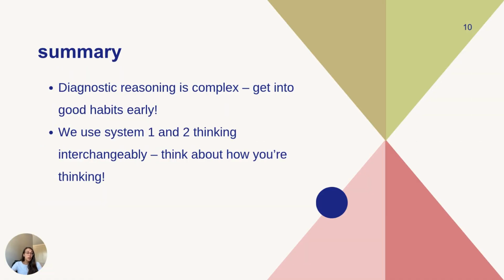So in summary, diagnostic reasoning is extremely complex, but we need to get into good habits early and use constructive and efficient ways to think through cases. Again, we use system one and system two thinking interchangeably. So it's important to reflect on how we're thinking through cases to constantly ensure that we're using appropriate systems of thinking.